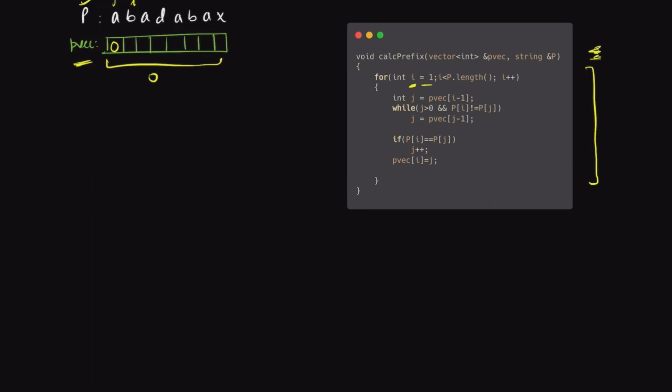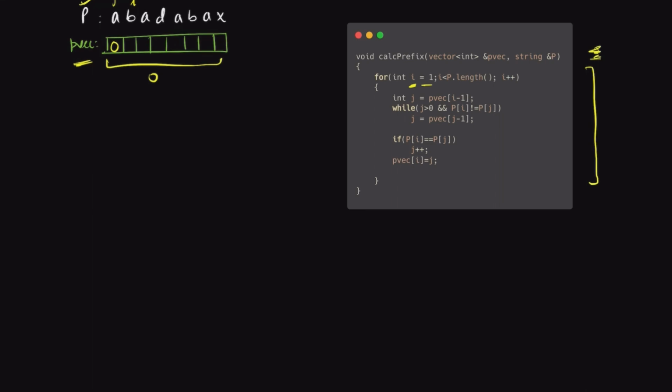For just a single character a, you can't have any prefix which is also a proper prefix, because the prefix shouldn't be equal to the string, and here the prefix a is equal to a, so it can't be possible, and the value is 0.